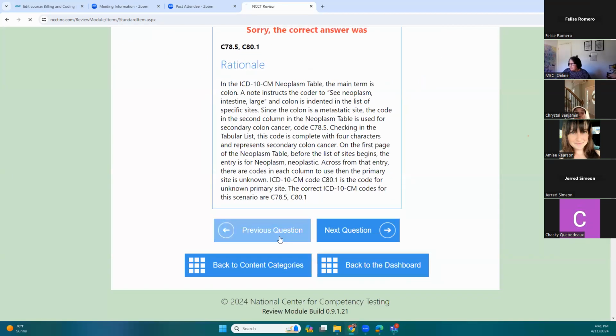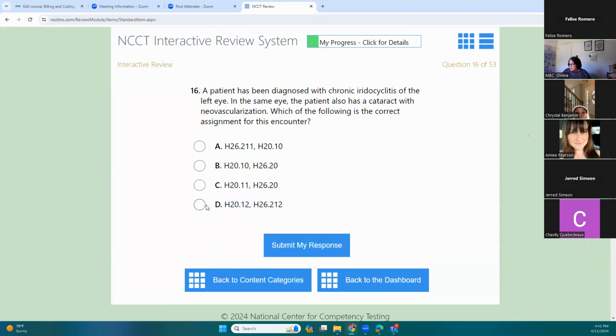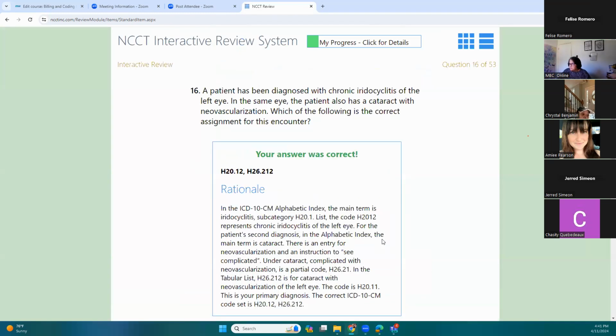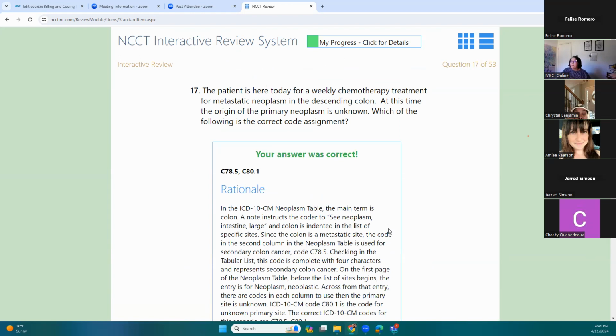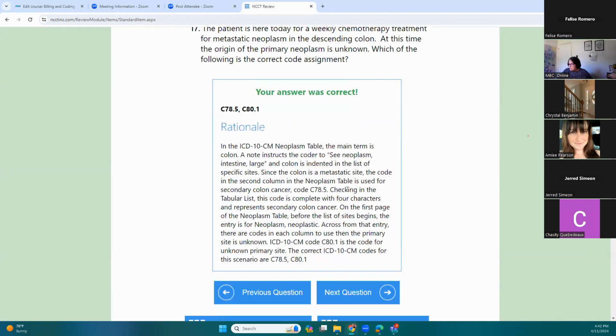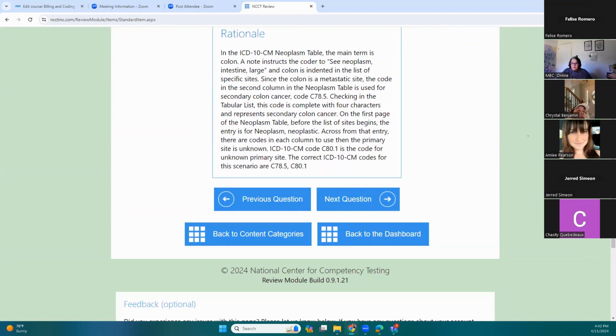Okay, let's go back and look at that because I had said B. Oh, B, yes, ma'am. Sorry, B and D sound a lot alike. So B, C78.5 and C80.1. All right.